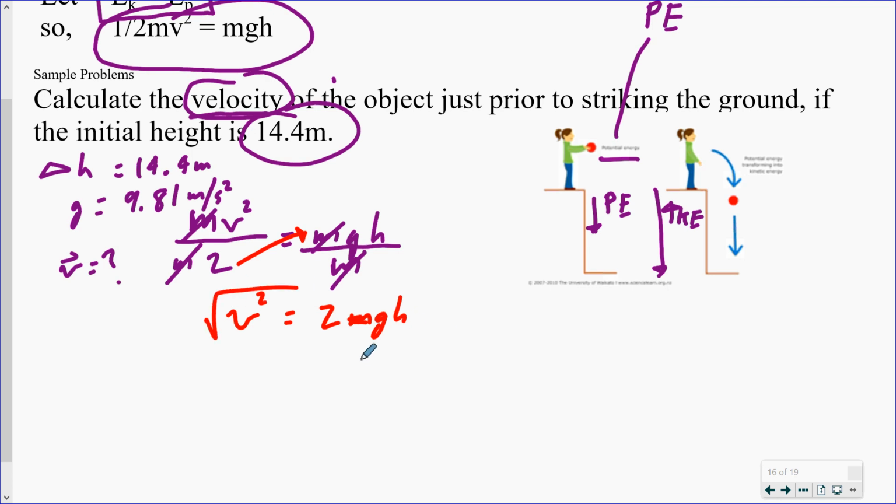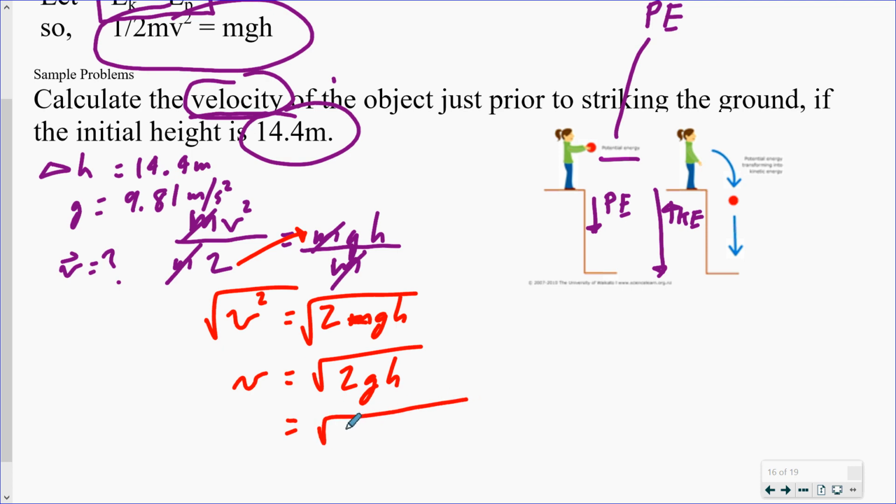How do I get rid of this square? Well, I take the square root. But if I do that on the left, I need to do that on the right as well. So now my speed or velocity is equal to the square root of 2gh. That is it. What do we have for our known information? Well, we have the height and we have acceleration due to gravity.